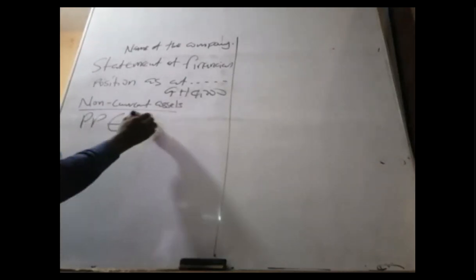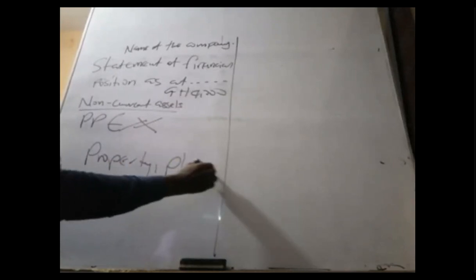Underline it. First of all, you write PPE here. Property, plant, and equipment. Please and please again, no shortcut. Write it in full. Property, plant, and equipment. No shortcut in exams, I'm begging you.